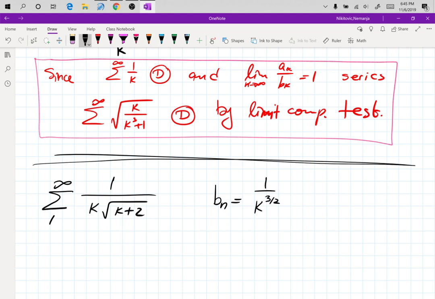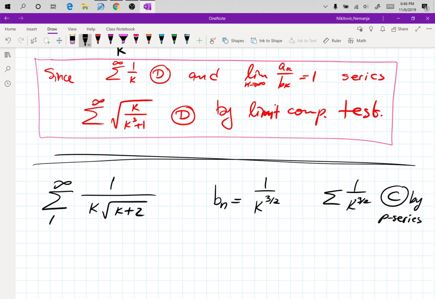Converge. Why? P series, p bigger than 1. Good. All right. So, summation of 1 over k to the 3 halves will be convergent by p series, because p, 3 halves, is bigger than 1.